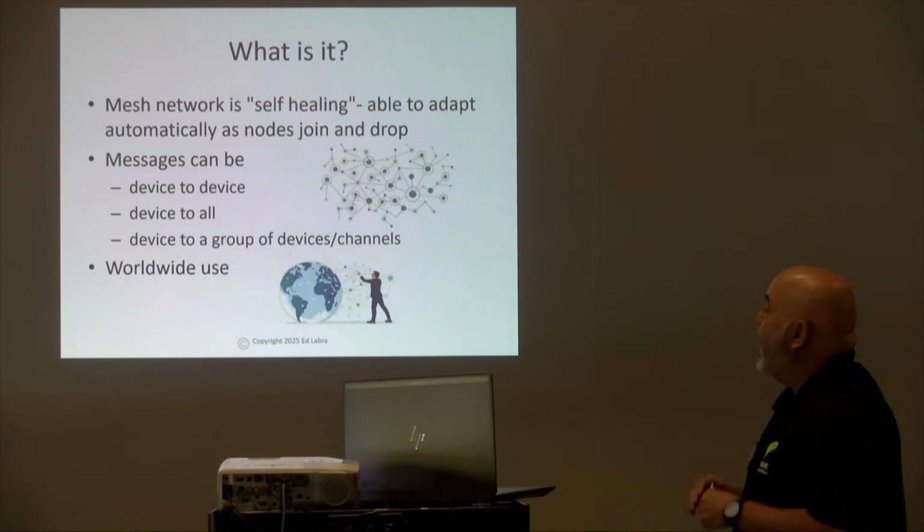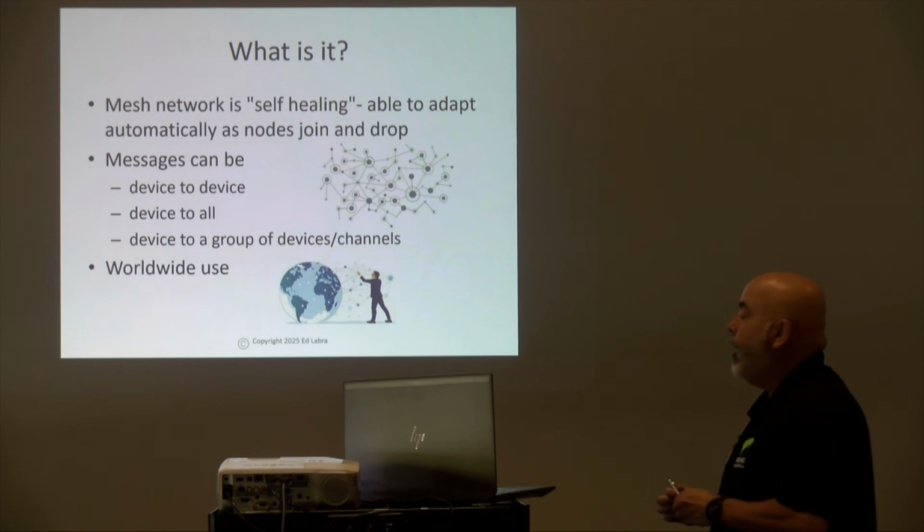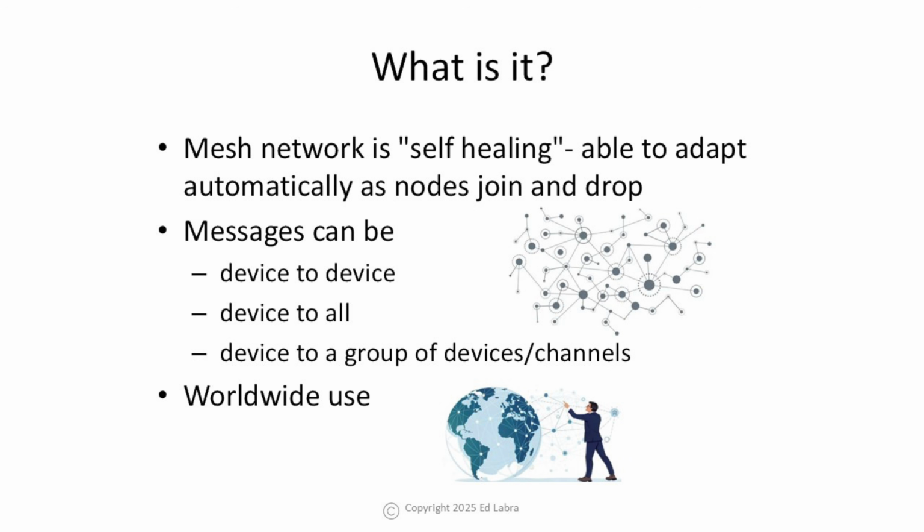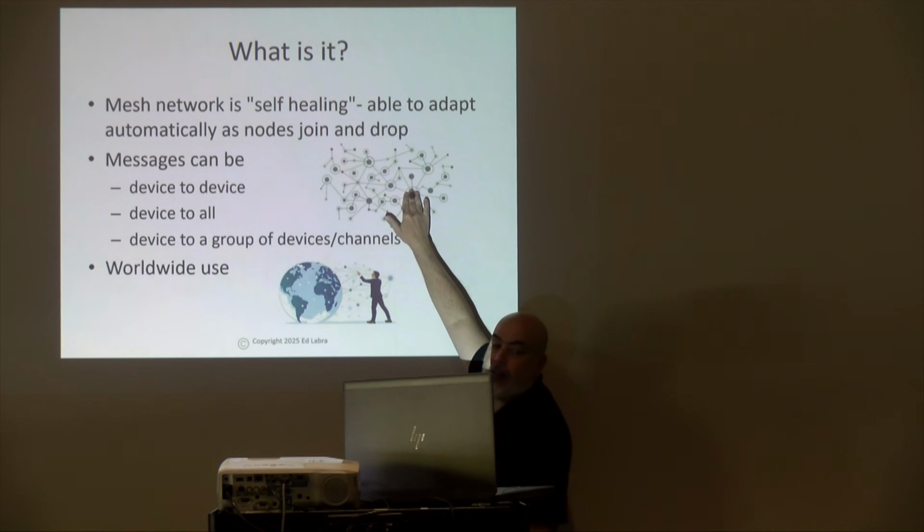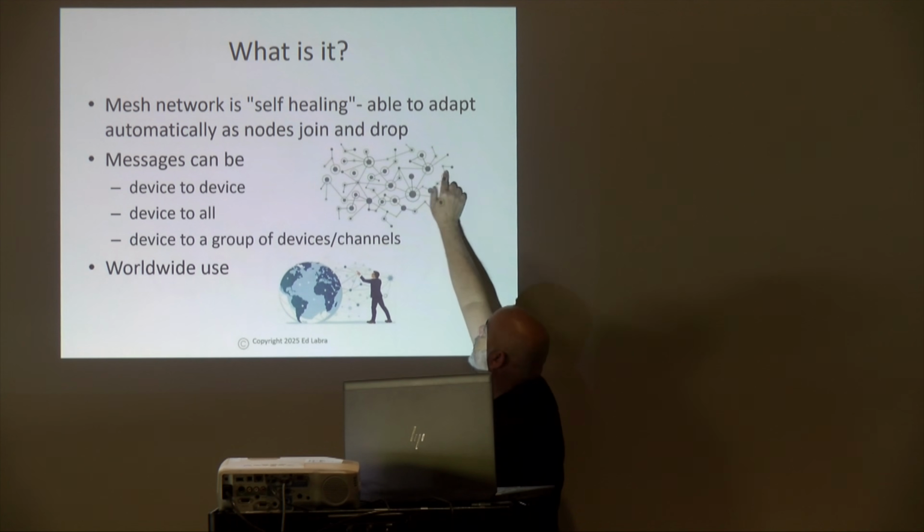All right. It's self-healing. Okay? So if you look at each of these dots and say that each one is a node, you see multiple connections between them. If this particular node is down, and I want to go from here to here, this is down, so I can take a route this way.